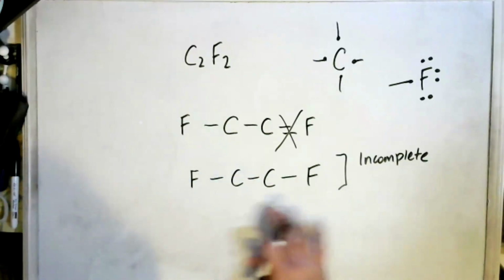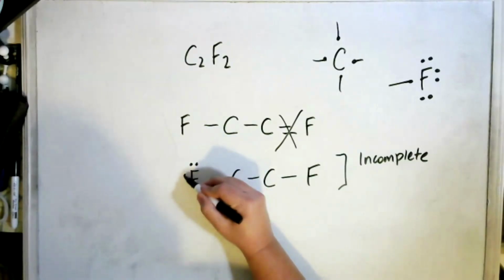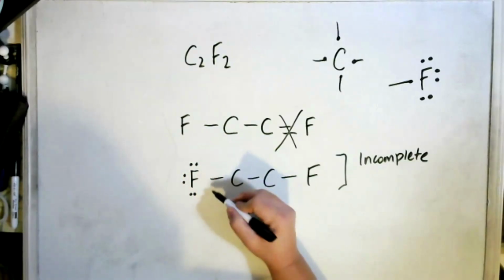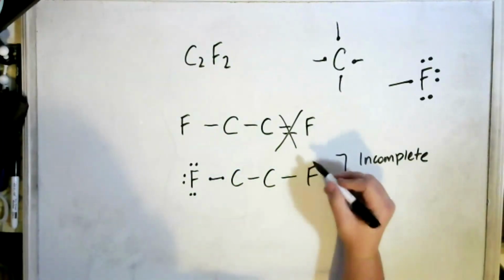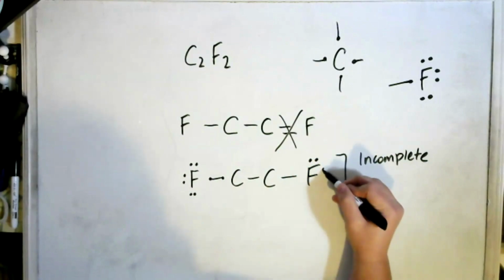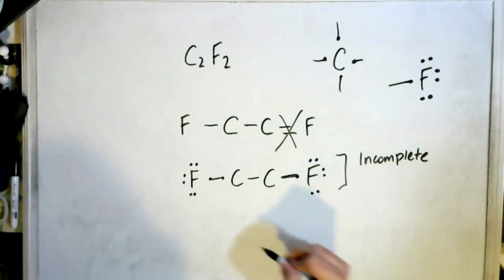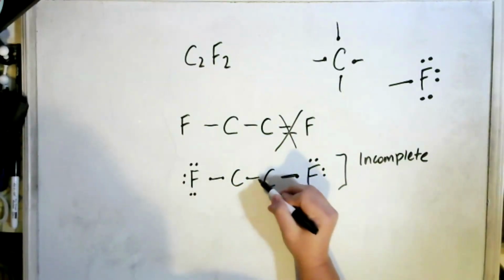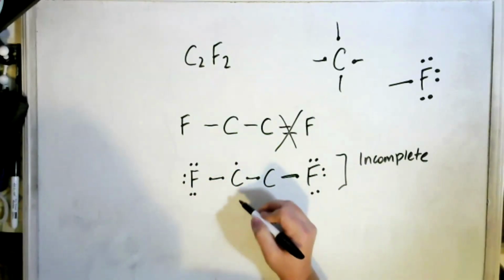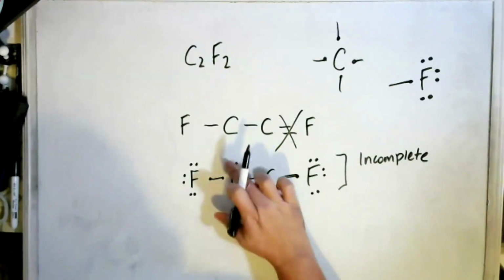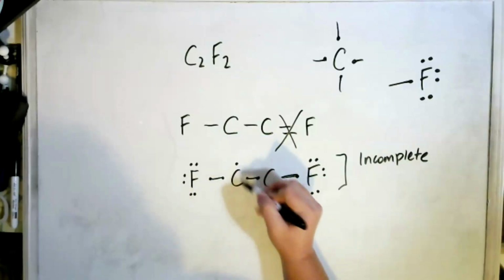You can imagine that around the fluorine, it still has its other valence electrons present, right? So we can imagine that's fluorine here. This is the other fluorine. But carbon still has these lone electrons, right?